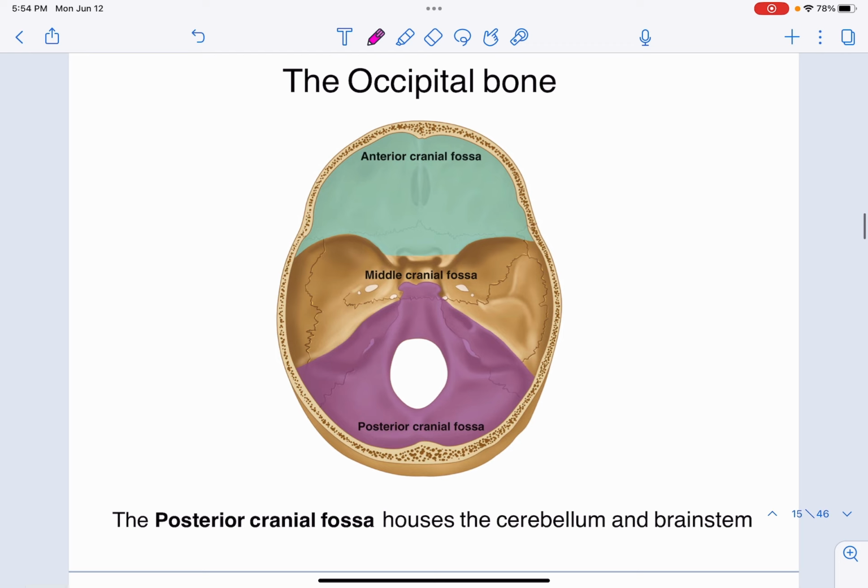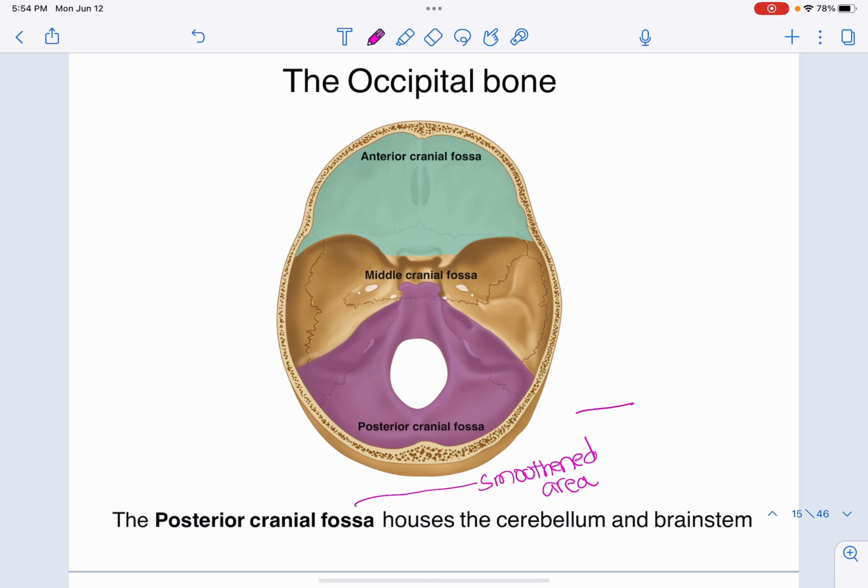All right, then there are some smoothened areas. Remember, fossa meant smooth area. If you can take the top portion of the skull off, you can notice two areas.